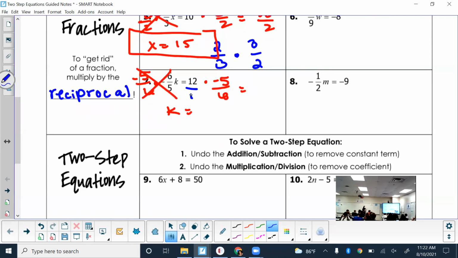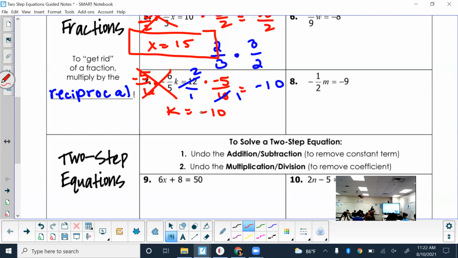What's the biggest one you can think of? 6. So I can cross simplify. 6 goes into 12 how many times? Twice. 6 goes into 6 once. And now it's just 2 times -5, which is -10. All right, so that's a little trick.